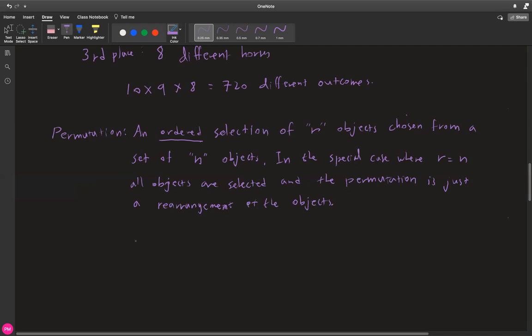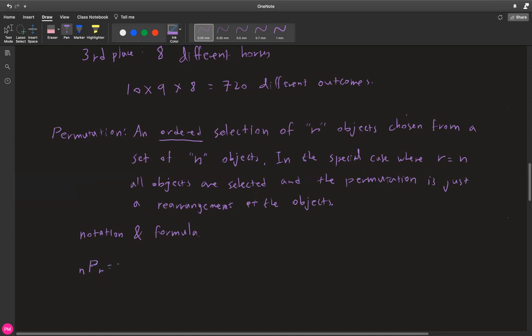And simply the notation and the formula go as such. When we say NPR, these are subscripts. The P is a capital P and they're subscripts of N and R next to each other.